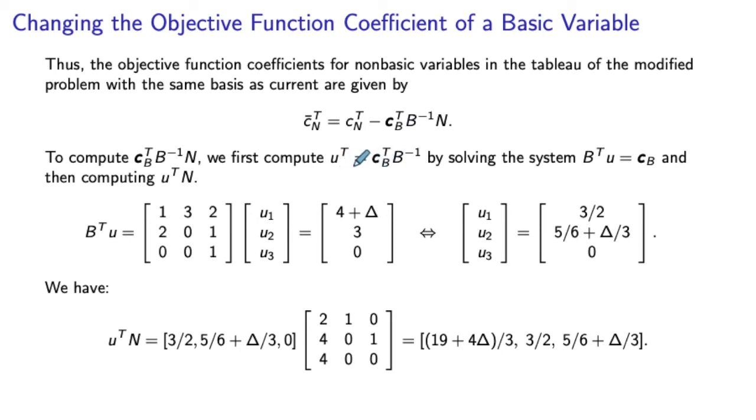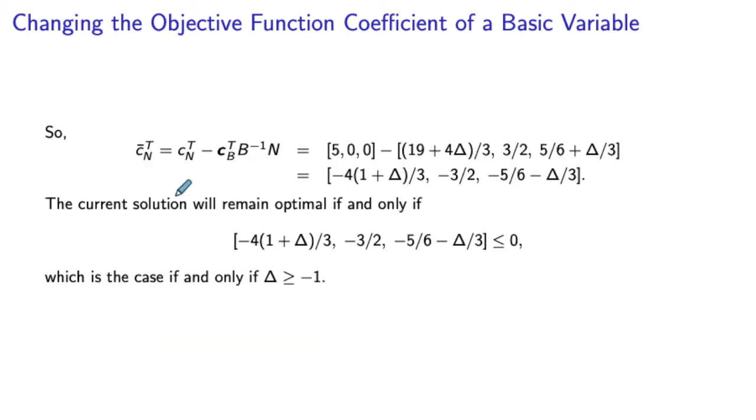Then in order to compute U, we can solve the linear system B transposed U equals CB. We solve this linear system, we find U expressed in terms of delta as we see, and then we multiply U transposed by n and subtract from Cn transposed in order to obtain the new coefficients in row 0. We need to ensure that all of these are less than or equal to 0, and this gives us the range for delta to be greater than or equal to -1.